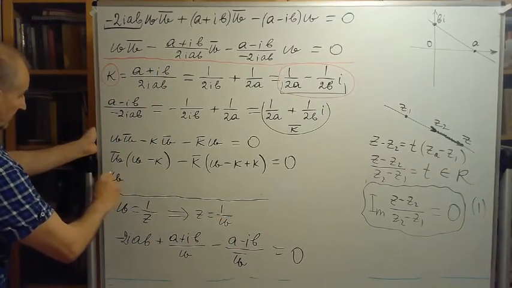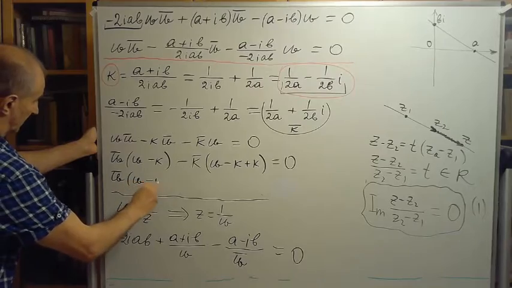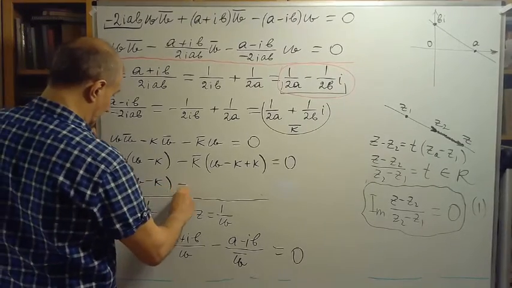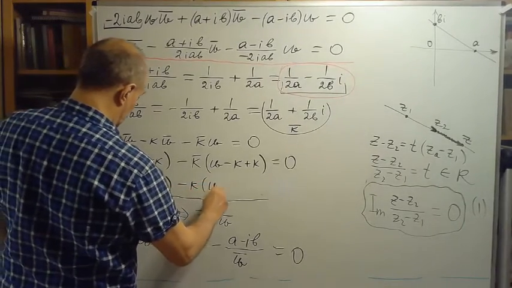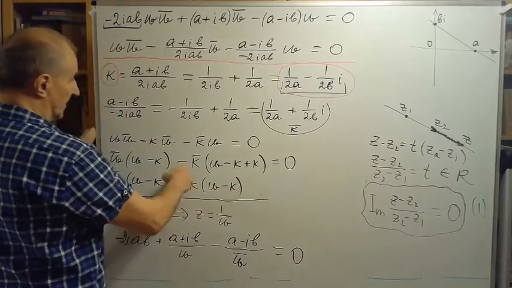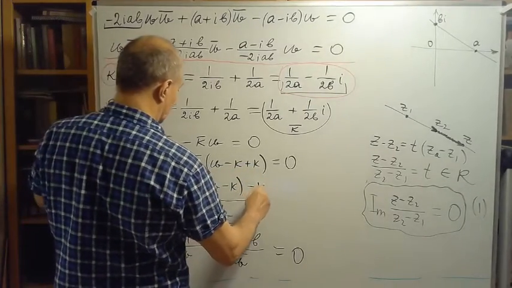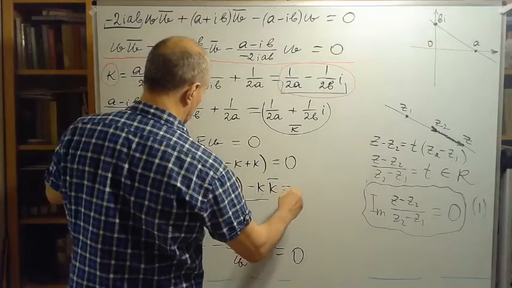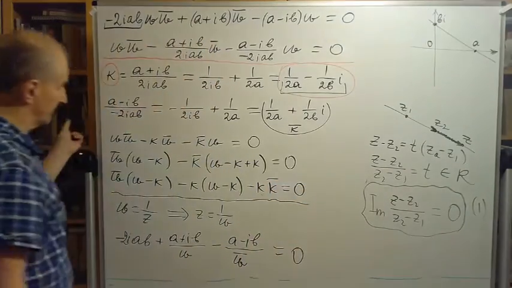Now I will have W conjugate W minus K, W minus K, and minus K conjugate minus K conjugate equals 0.